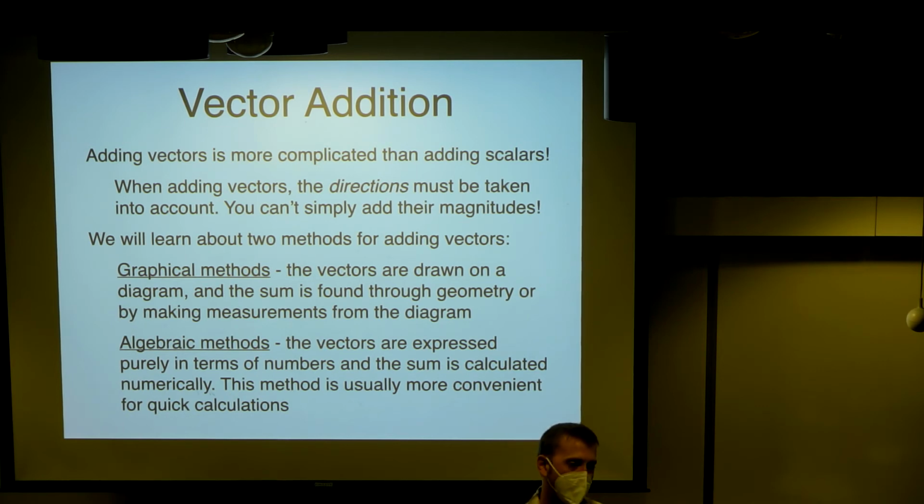We have to make sure the lengths of each vector and the angles associated with each vector are measured as precisely as we can. And then we actually find the answer. We find what the sum of those vectors is by just making a measurement straight off the diagram. Okay, so if we draw it accurately enough, we can get a pretty accurate answer just by making a measurement off the diagram. That's one way to do it.